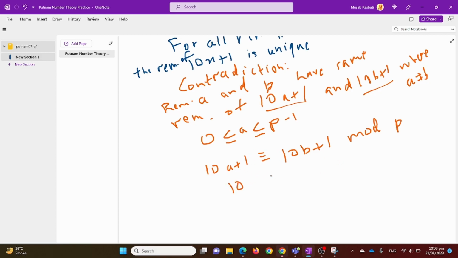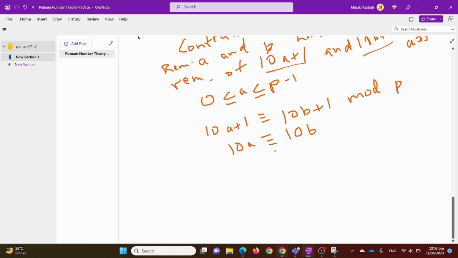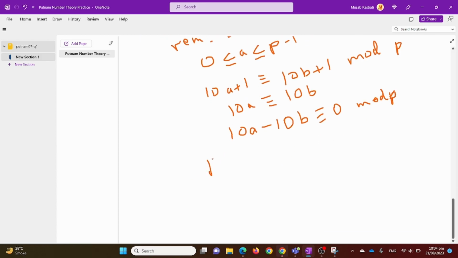This congruent just means that they have the same remainder. Then that means that 10a and 10b have the same remainder. But if these two numbers have the same remainder, then if I take the difference of them, the remainders cancel out and I'm left with a remainder of 0. So let me rewrite this one more step: 10 times (a minus b) is congruent to 0 mod p.